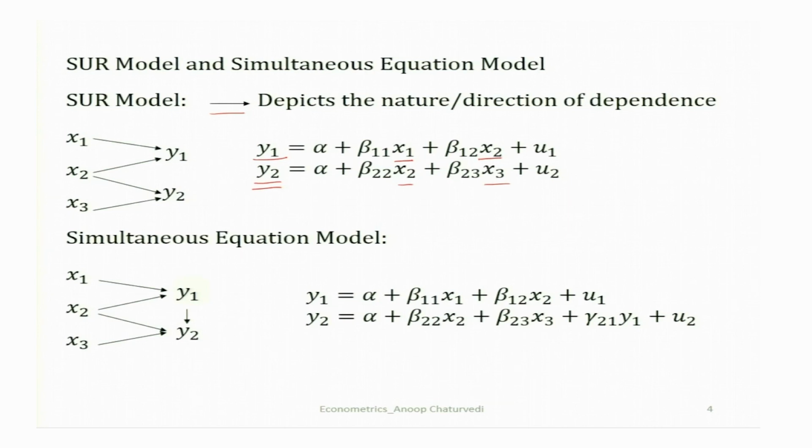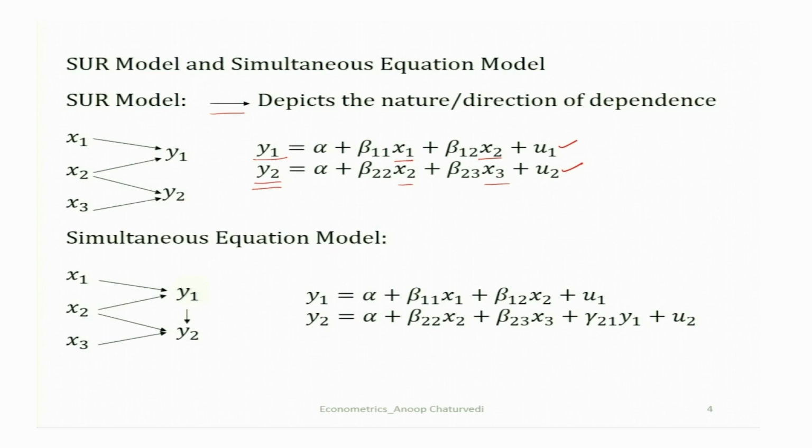And then in seemingly unrelated regression models, these errors might be correlated with each other. So, u 1 and u 2 are correlated. These are not independent of each other or uncorrelated with each other.